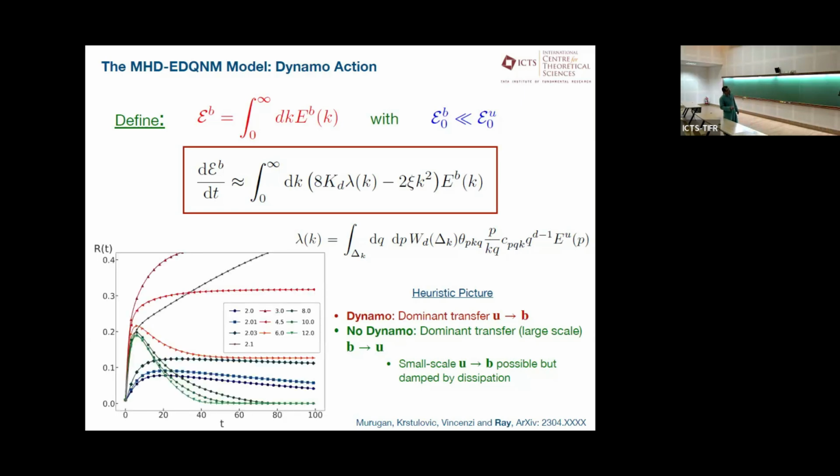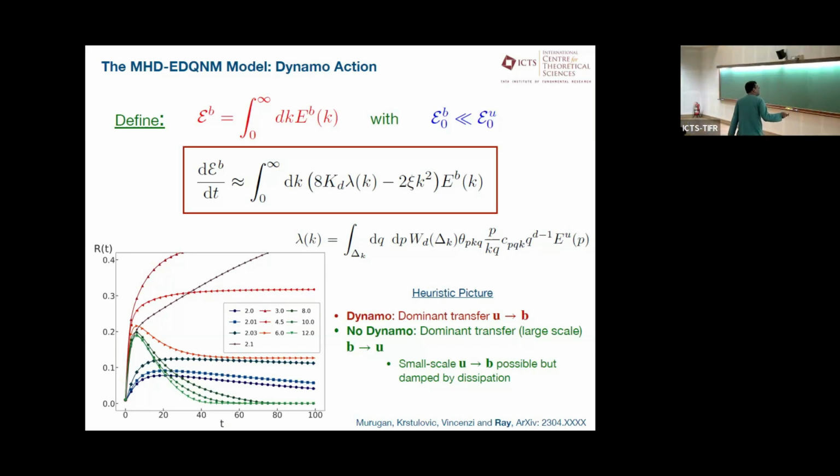So this, for example, is a plot of the total magnetic energy as a function of time, and the different curves are for different dimensions. If you can't read the legend, just trust me on this, you immediately see that at d equal to 2, after an initial rise in the magnetic energy, it quickly goes away, as it should be for the anti-dynamo theory.